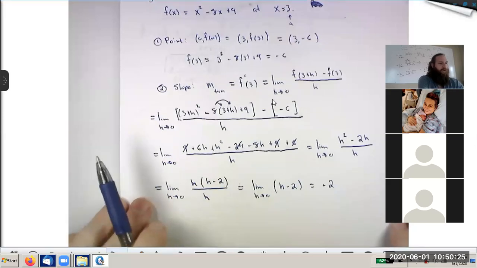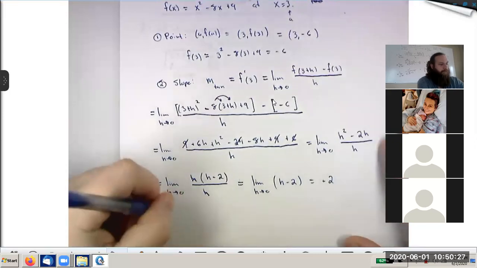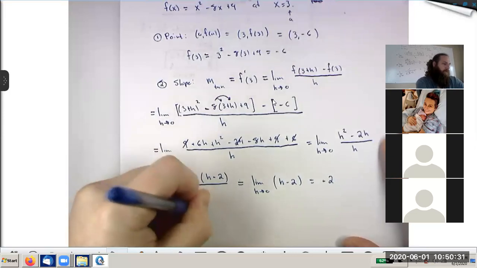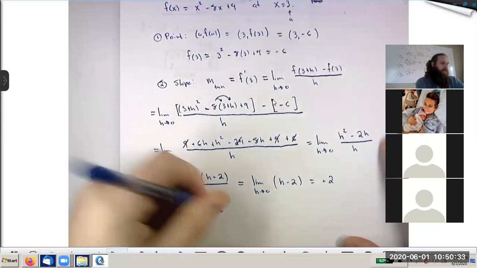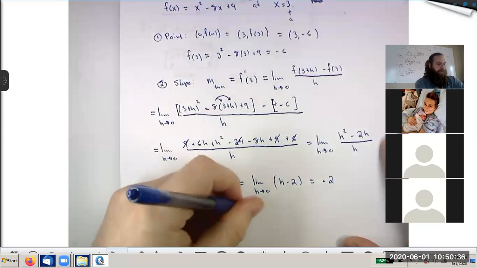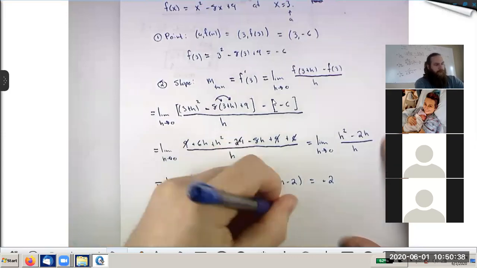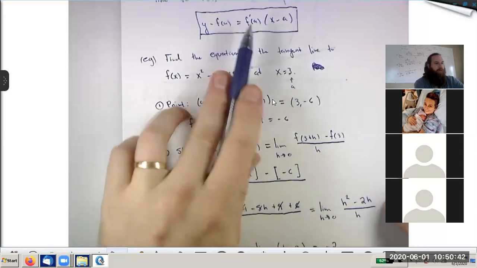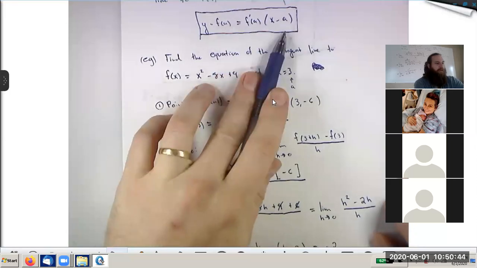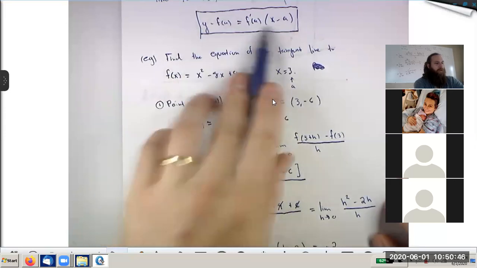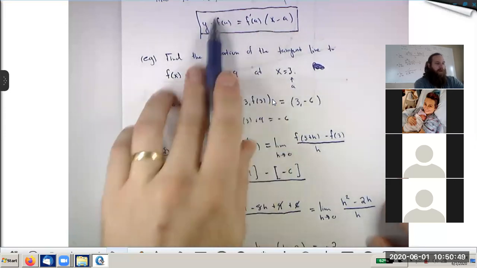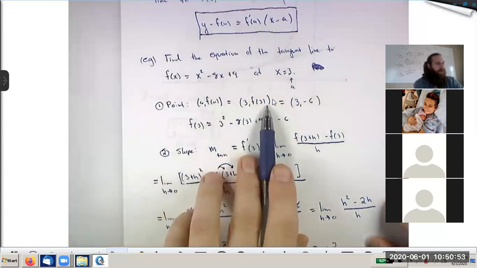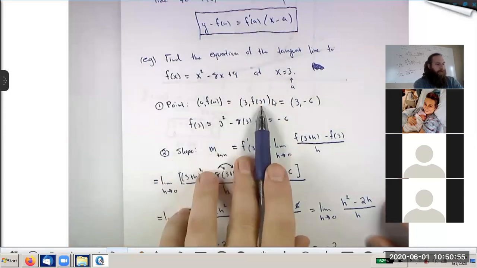So we can write down the equation of the tangent line. y minus f of a is equal to f prime of a times x minus a. Everything here except for the x and y should be numbers. So f of a, what was f of a? Well, I come back here to my point. a was 3. f of 3 is negative 6.